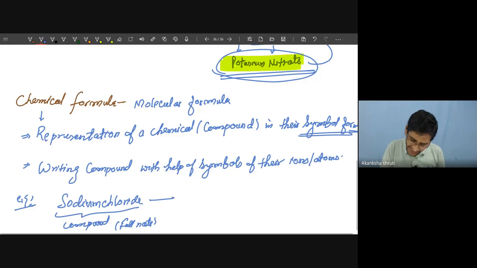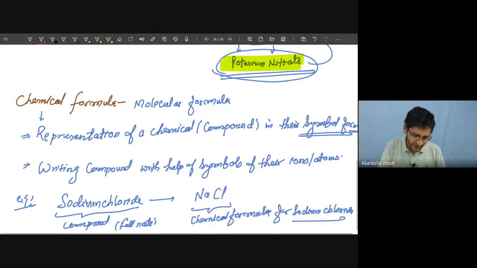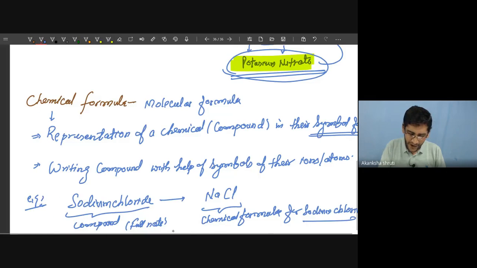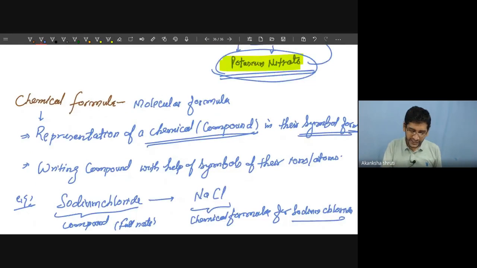But the same thing can be represented as NaCl. How this NaCl forms, that I had also explained. So this is the chemical formula, for sodium chloride. Therefore, each chemical or each compound has a specific formula. So a particular compound has a particular formula.